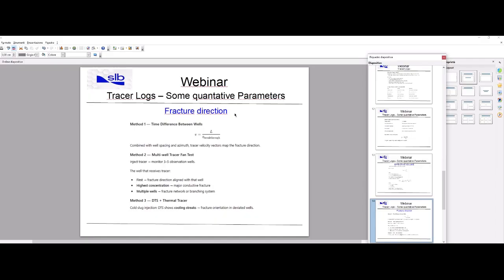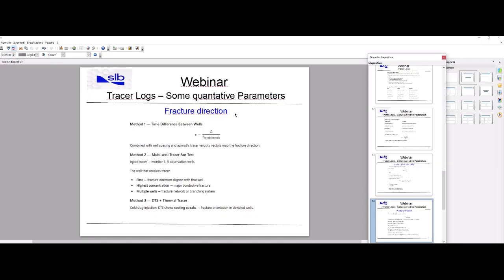So for multiple well tracer tests, the injection tracer monitoring, we can monitor at the same time from 3 to 5 observation wells. The wells that receive tracers have the following characteristics. First, fracture direction is aligned with the well. The highest concentration means that we have a measured conductivity fracture.